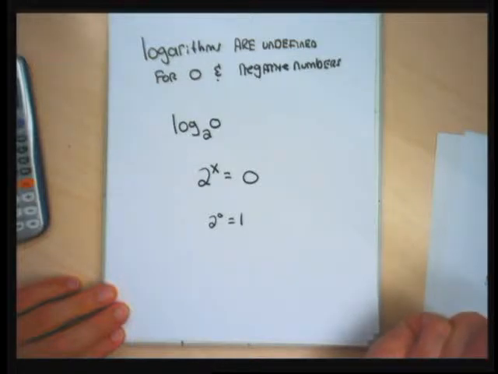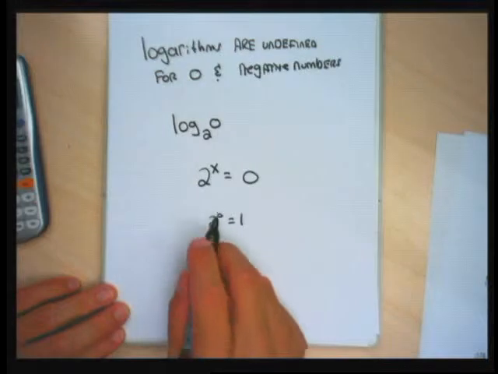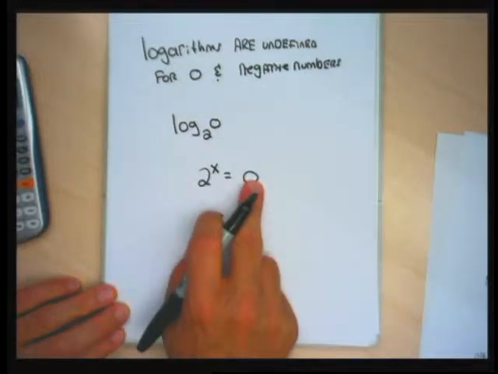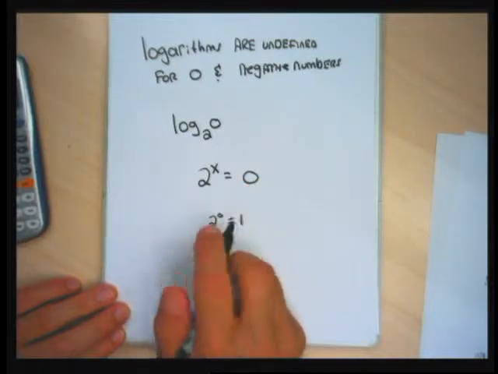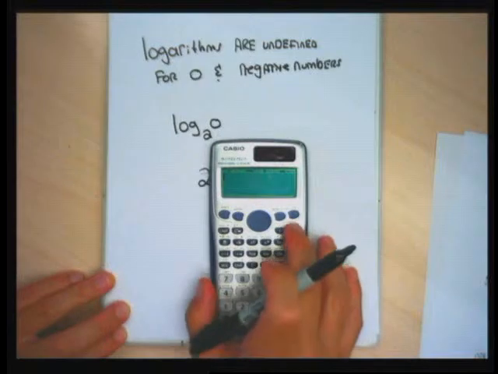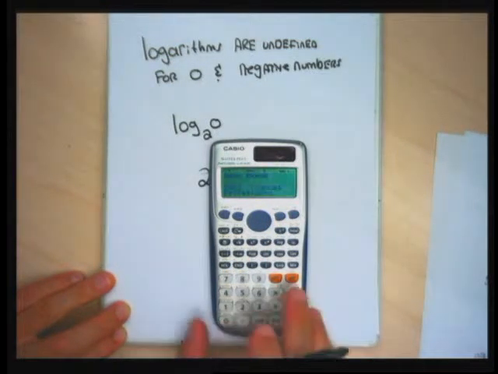And any number that you might think of to put as an exponent for 2 to what power is 0, it won't work if you tried it on your calculator. When I do a logarithm for 0 on my calculator, regardless of the base, the log base 2 of 0, I get a math error.